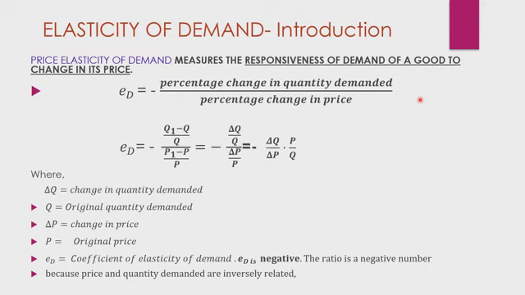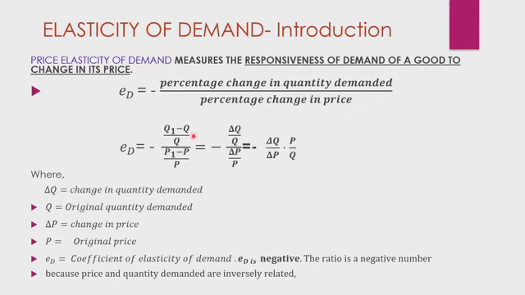So elasticity of demand means the percentage change in quantity demanded divided by the percentage change in price. Your denominator is the percentage change in price because we are changing our units of consumption because of the change in price. So this is your price elasticity of demand. It is the proportionate change that you're going to bring in your consumption because of the change in price.